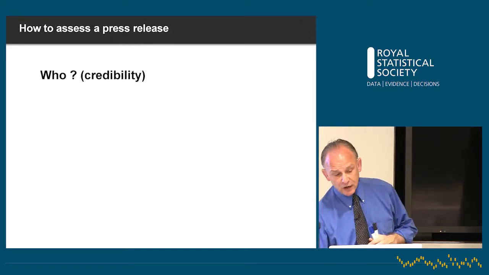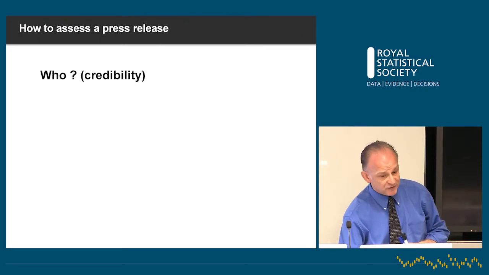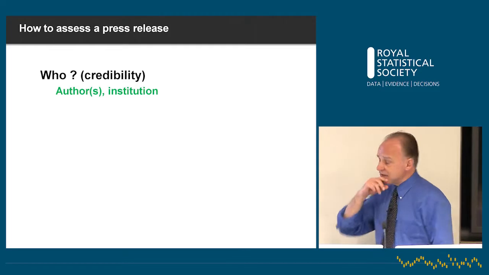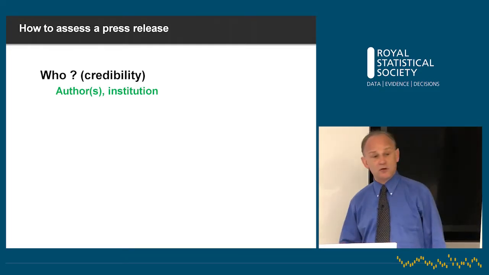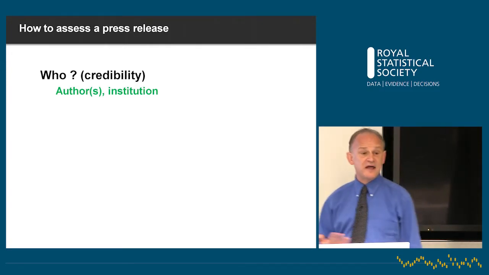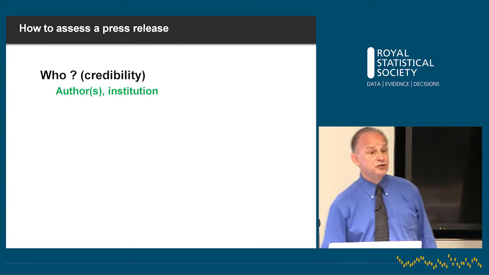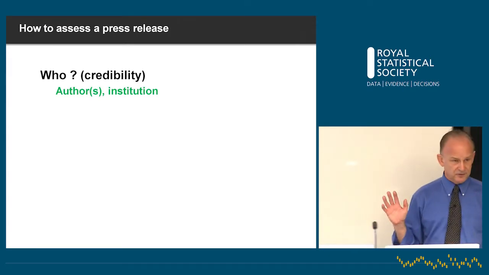So to go through those questions, the who is, for example, the credibility. The key issues there are the authors: have they got a track record in this? Do they know what they're doing? Are they some grad student who's presented their poster at a conference for the first time? The institution. Scientists like to give the idea, we just look at the study.